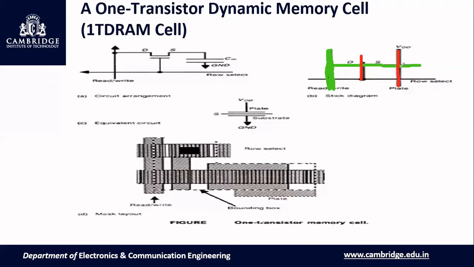So below poly we have silicon dioxide, below that we can run diffusion, below that again silicon dioxide, and below that again the substrate. And for metal, just draw the metal line like this, and that should be connected to the gate. So in this way, we can draw the stick diagram.